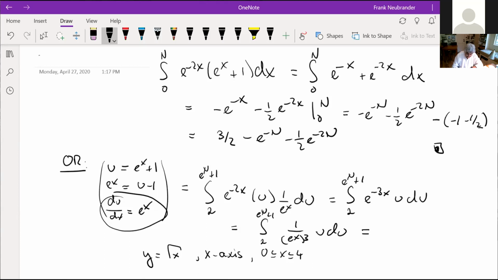And now, what do I get? It's the integral from 2 to e to the n plus 1 of u over u minus 1 to the 3 du.